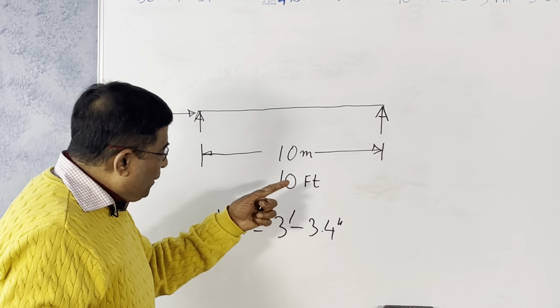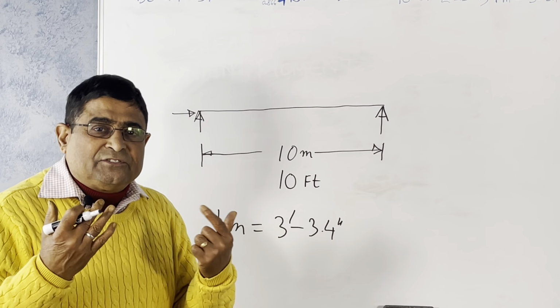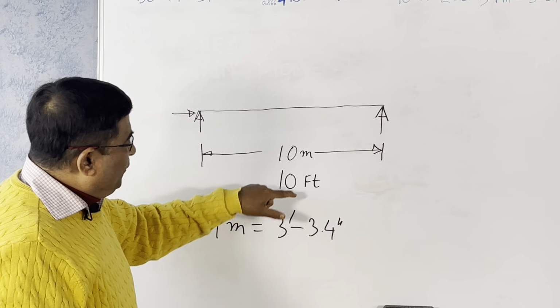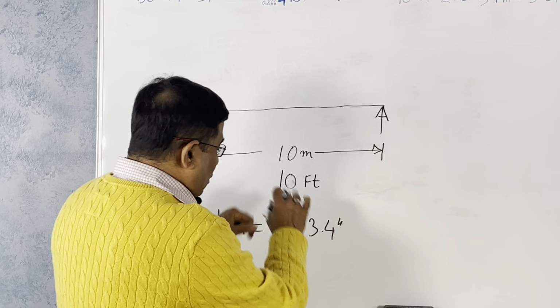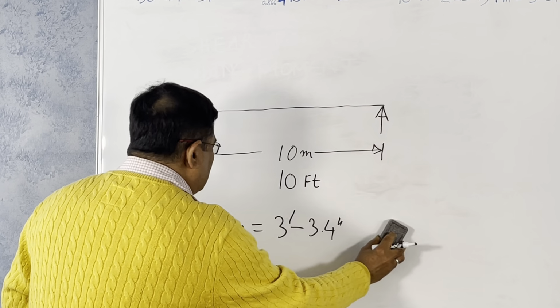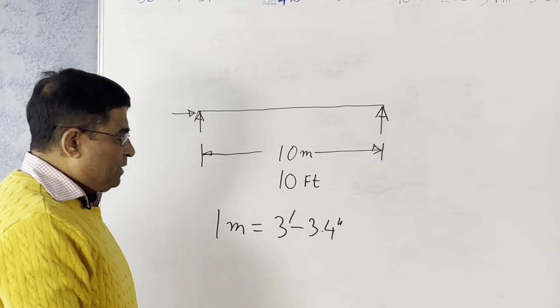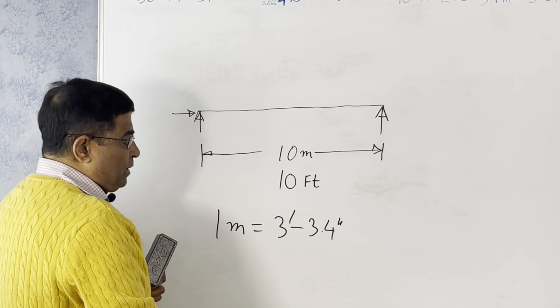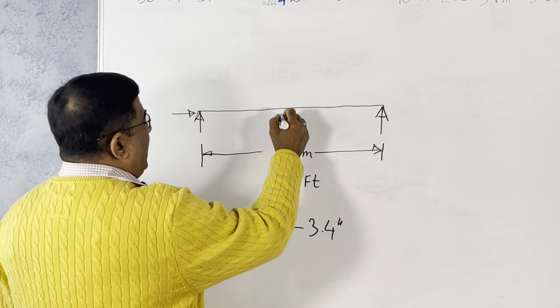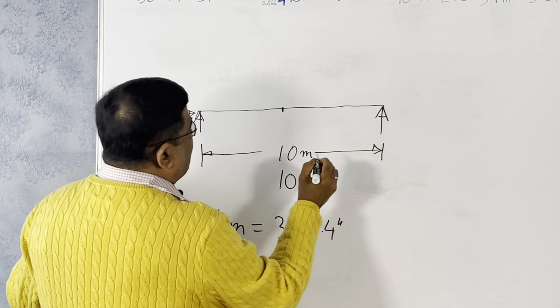I am just showing you so that you can visualize how it is. Assume it is 10 feet or 10 meter, but they are not equal. And suppose we have a load exactly at the middle.